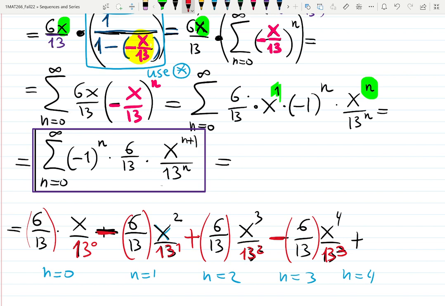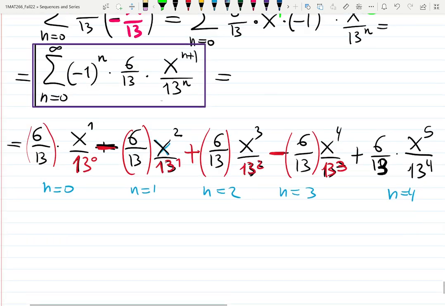So I already know it's going to be 6 over 13 to the 4, plus, because it was minus before. Makes sense? And it was x to the 1, x to the 2, x to the 3, x to the 4, x to the 5. This is actually too many terms. I will show you in a second why. They ask for the first 5 coefficients. n equals 4.